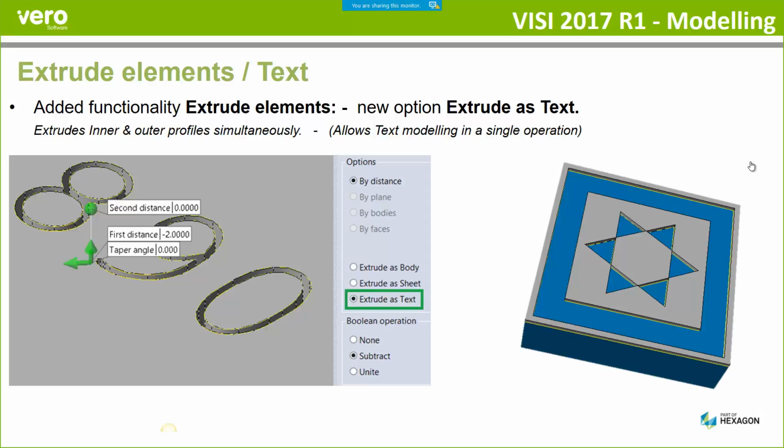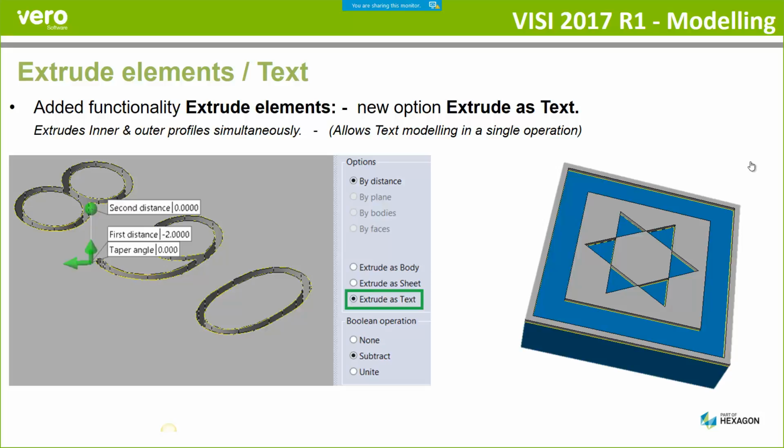So previously, whenever we were using the extrude function on text profiles, for any letter or number where you have like a 0, where you have a hole in the text, we would have created two solids, one for each profile, and to get the required result of text either extruded or embossed into a part, we would have had to manually subtract the inner part of the text from the outer part.